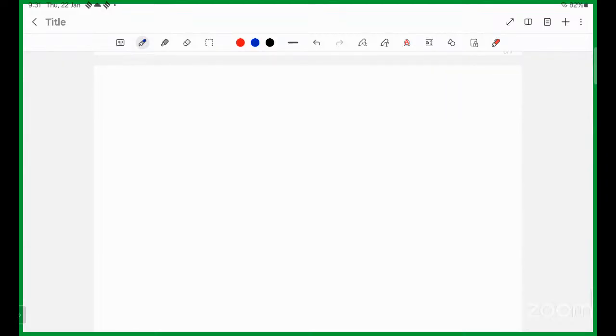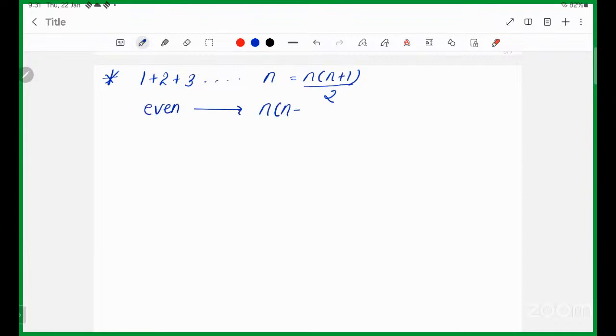See, sometimes a question is asked on summation formulas, to calculate the sum of natural numbers. So it is n into n plus 1 upon 2. For even numbers, it is n into n plus 1. For odd numbers, it is n square.